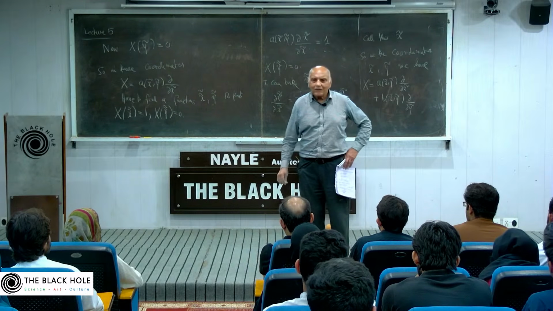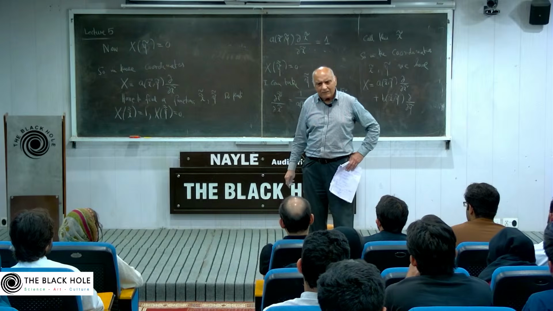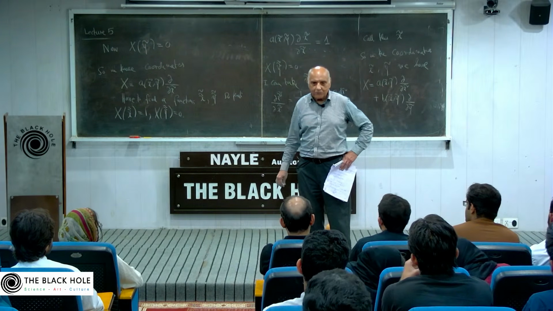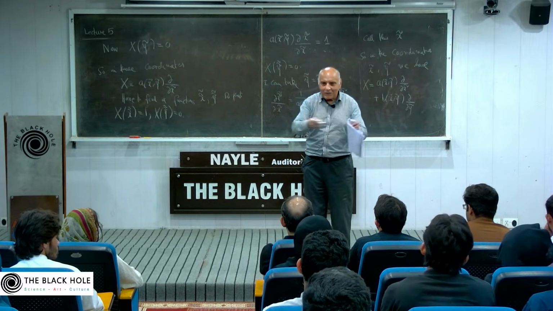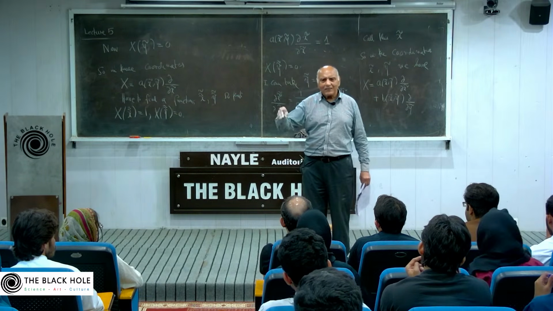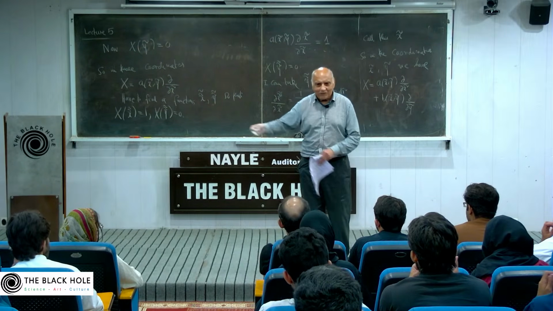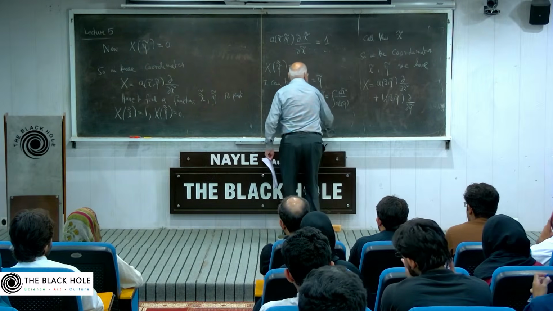Okay, Dr. Waqas, is this in characteristics? Do you teach them in BVP, boundary value problem? In boundary value problem, but there are many tricks, right? You can add them, and if dx over a is equal to dy over b, then d of x plus y over a plus b, and this kind of tricks.